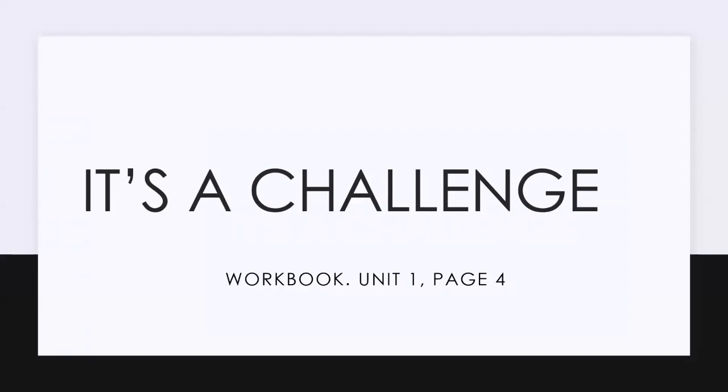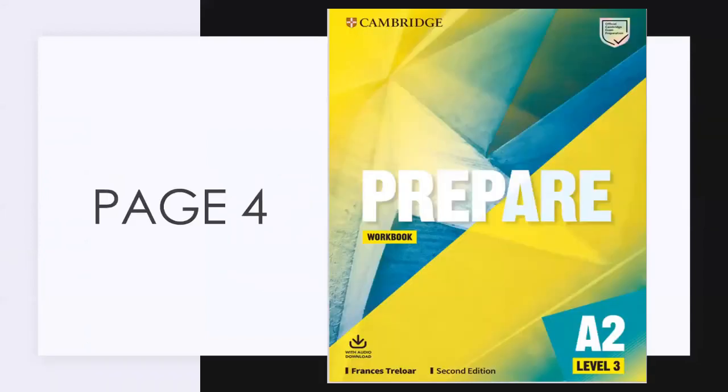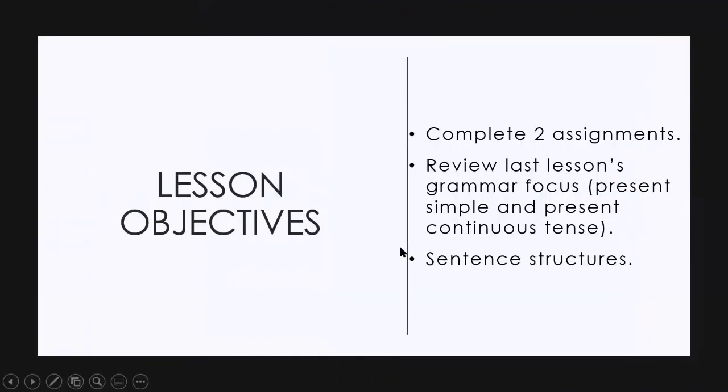This week we are going to use our workbook, which means that I will not talk for a long time. I will just review the main thing from our last lesson, and then I will explain your homework because it's the workbook, it's just activities. So this week we are going to use page 4 from our Prepare workbook.